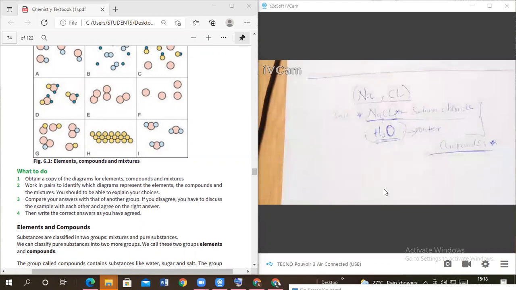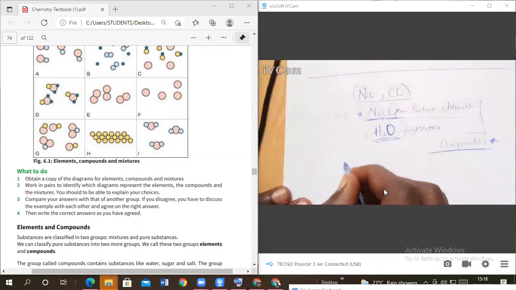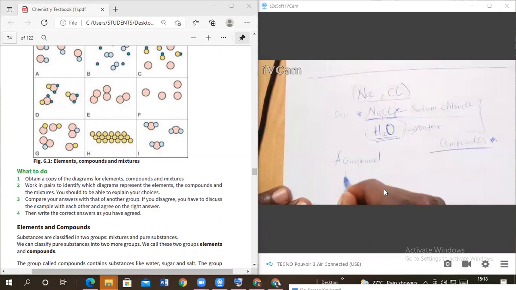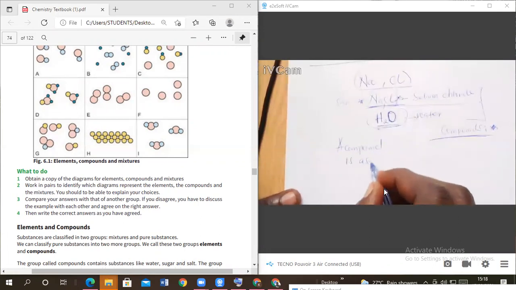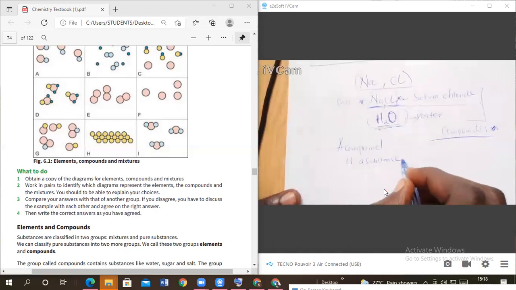So let me give you a definition of a real compound. A compound is a substance. It can either be pure or impure.